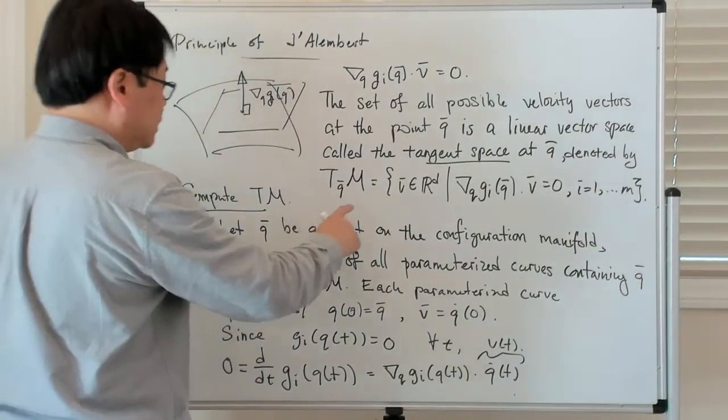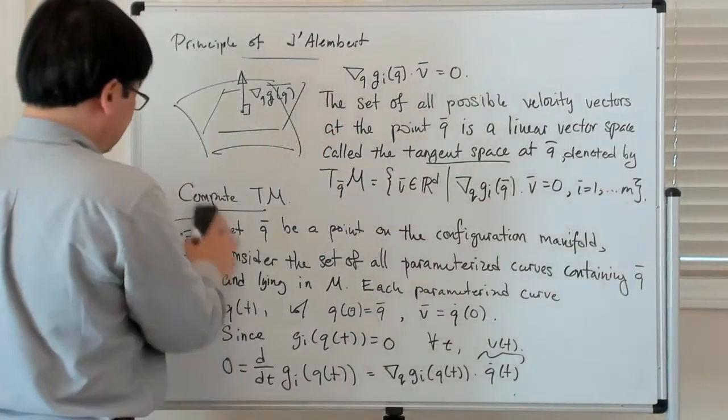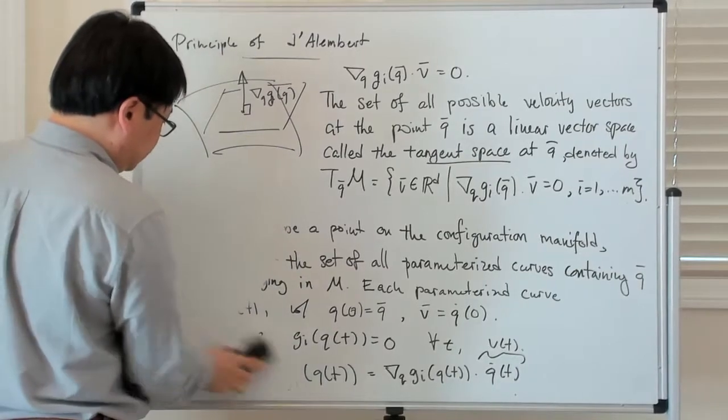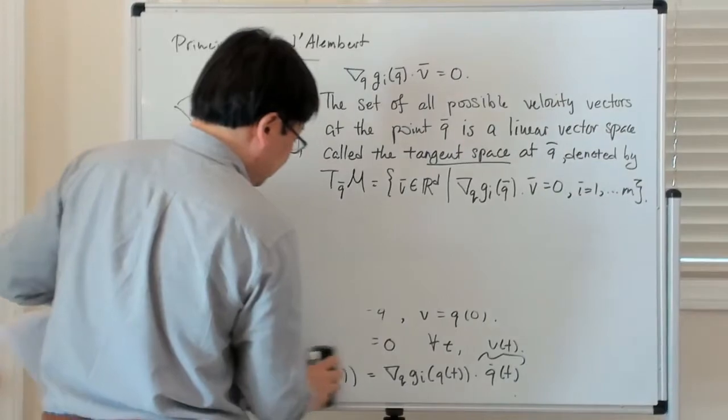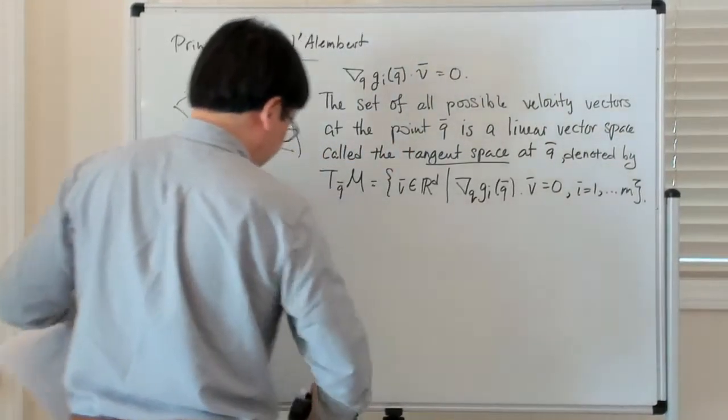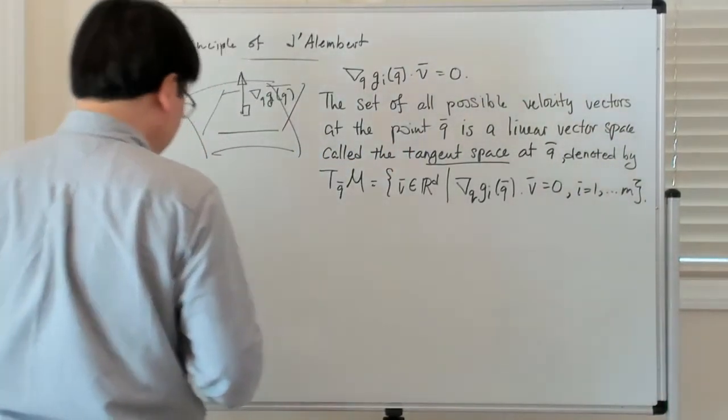Then you can look at the disjoint union of all the tangent spaces at different points in the manifold to give you what is called the tangent bundle.